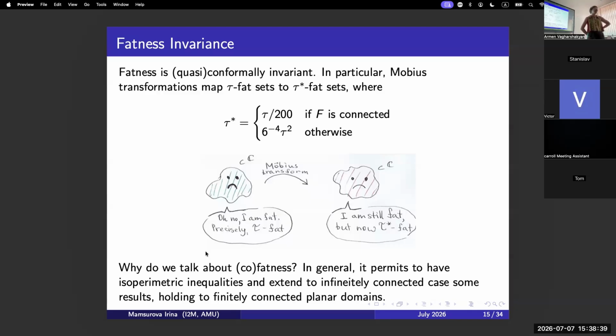But if you are tau fat, then for every tau prime which is smaller, it is also fat. Yes, it's a nice example to show that it's not the optimal constant.